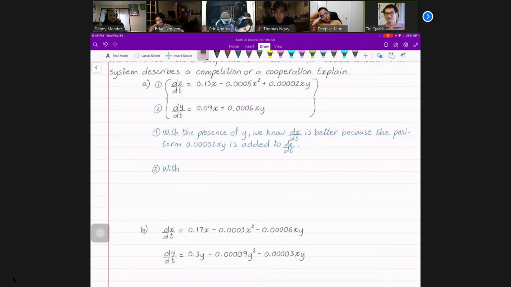Yeah, that's positive. So do you think y needs x to be present? Yes, because if x is present, it helps y, right? Because if x is present, then you have a positive term being added to this one, so your dy/dt is bigger, right?